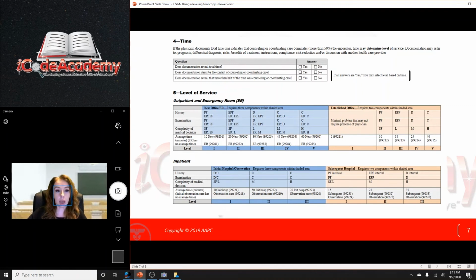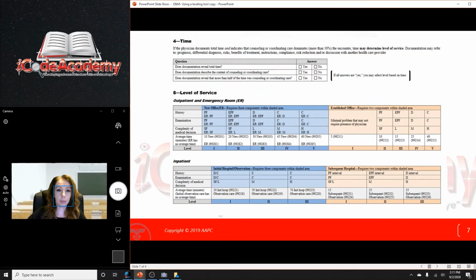Most of the time, policies and procedures within an organization is going to reflect that you bill whatever is most advantageous or the most beneficial to the provider. So we don't want to penalize the provider that they were able to complete an encounter quickly, even though the medical necessity as far as the HPI, exam, and medical decision making reflects a higher level of service. So something to just keep in mind.